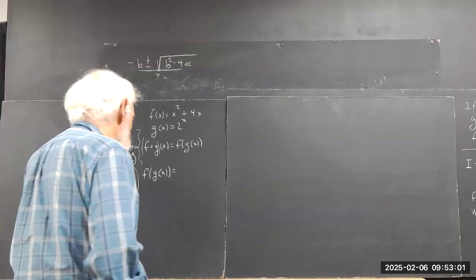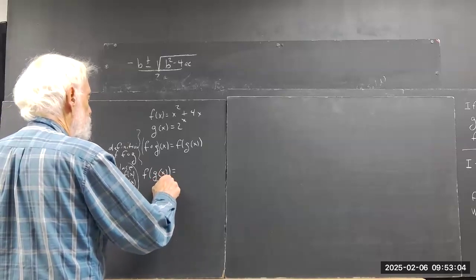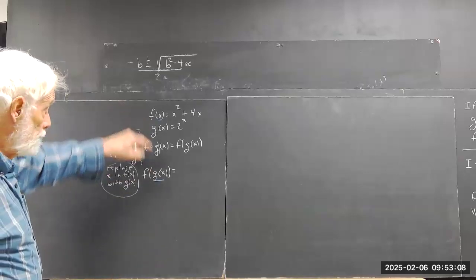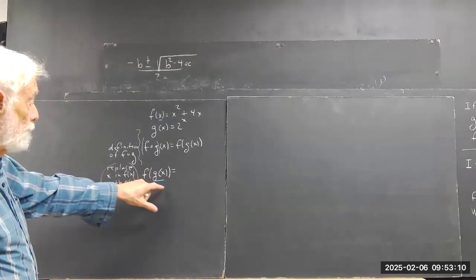Why would we do that? Well, because g of x here is where x was here, right? You go back to the definition of f and replace x with g of x.